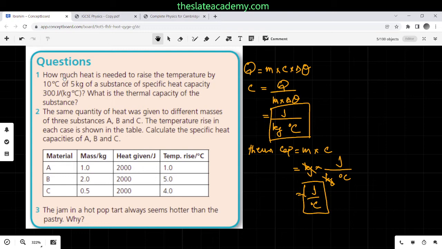So 15,000 watt. The unit for Q will be 15,000 joules. Excellent. Next question. You have to do 5 into 10 into 300. So 5 into 3000 will be 15,000.